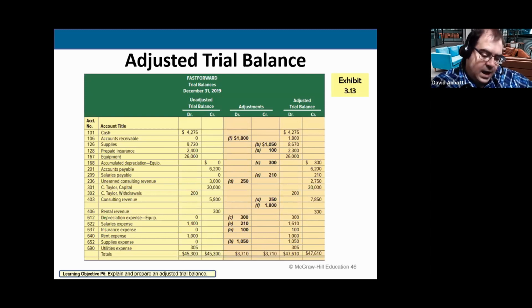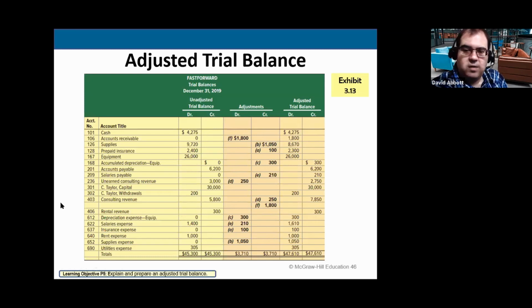Next, we will look at how to prepare financial statements from the adjusted trial balance. For example, look at accounts receivable. At the beginning, they didn't have any. Then they added 1,800, so that would be the adjusted balance. That's how we do that.